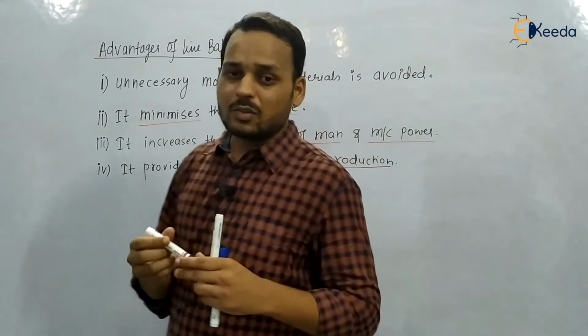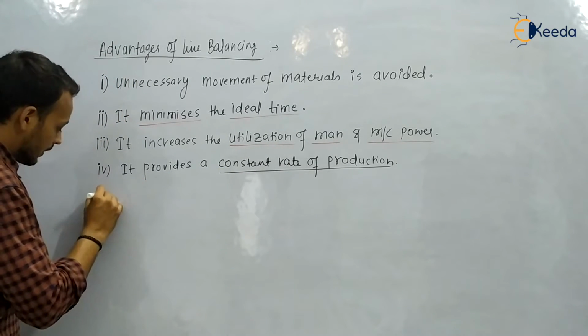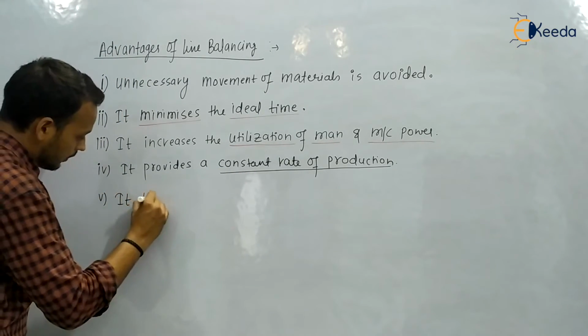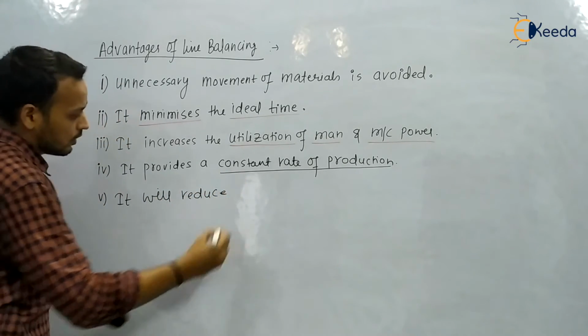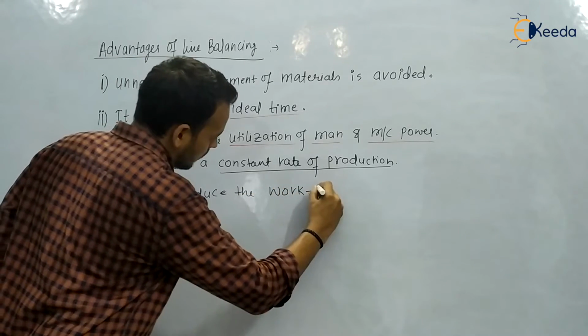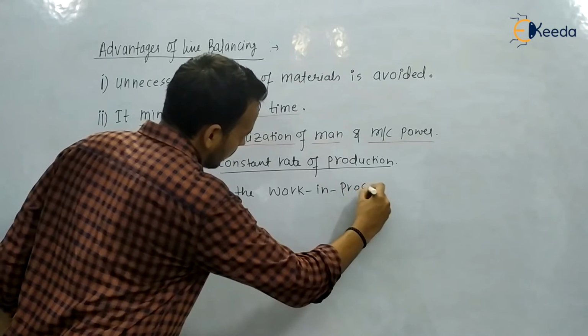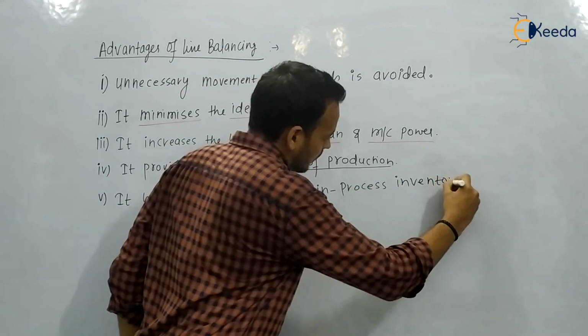Since you are going to get a constant rate of production, it will reduce the work in process inventory.